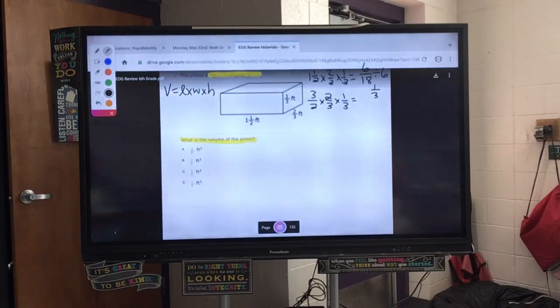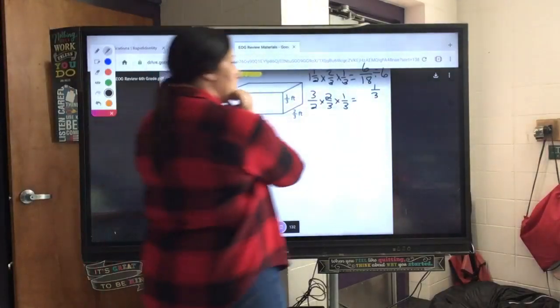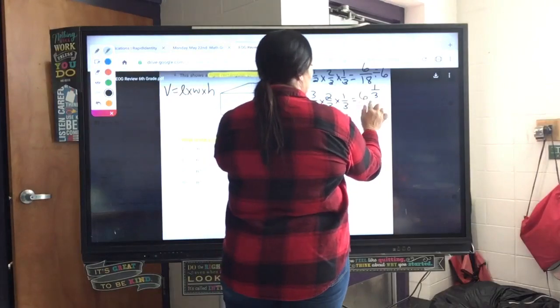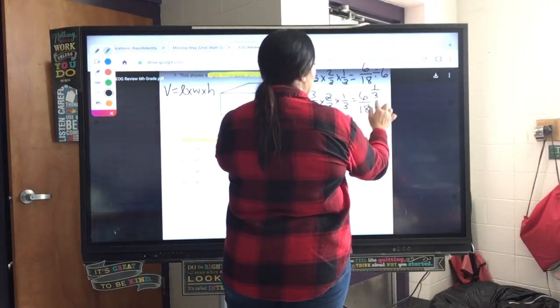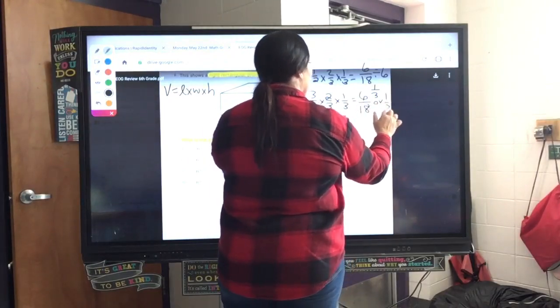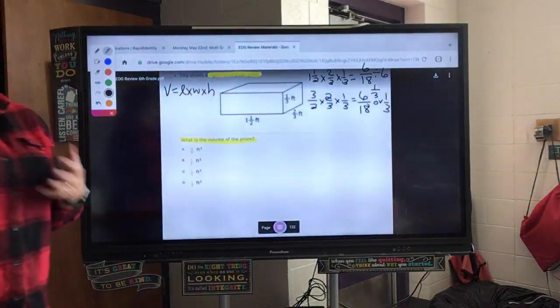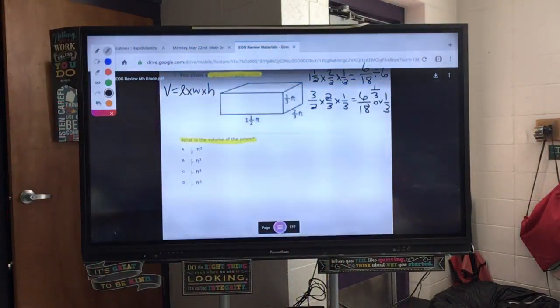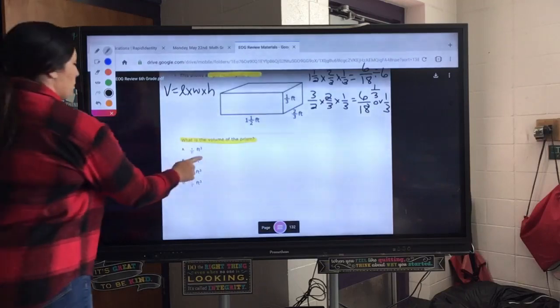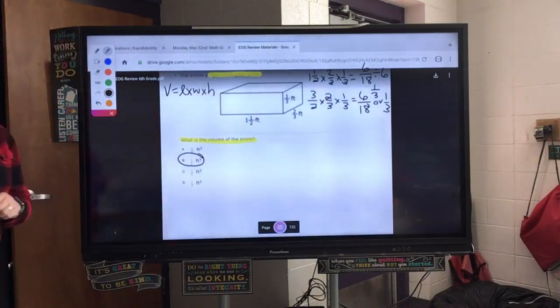What do you get when you do that? Six over 18 or 1/3. Alright, so this is a nice one because either way you do it, it works out. These numbers aren't crazy big. So the correct answer for this one should be 1/3. Okay?